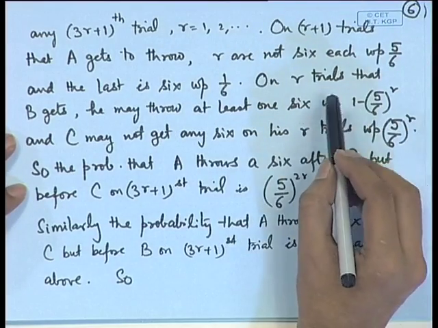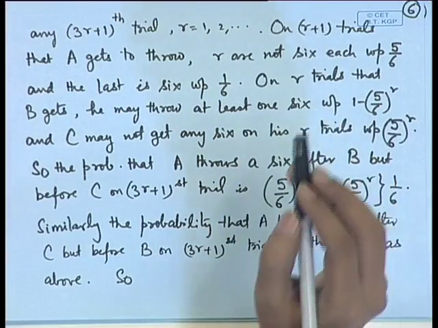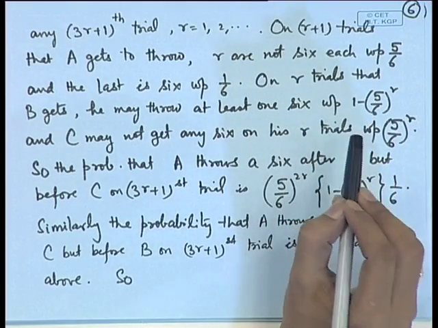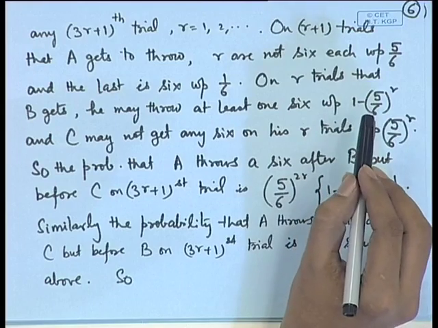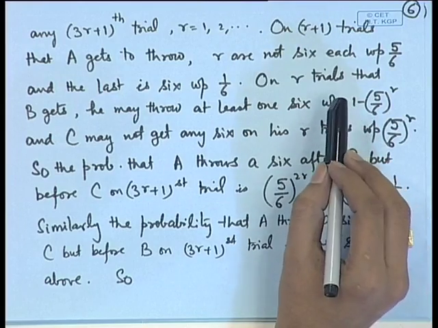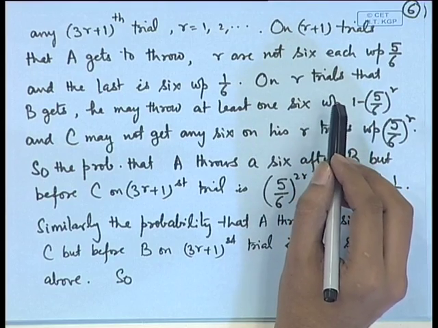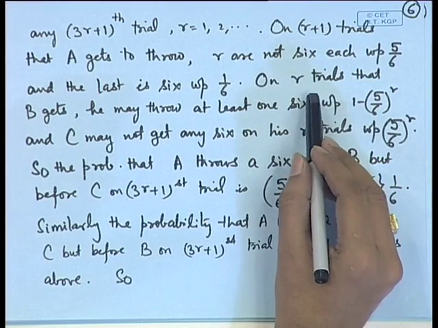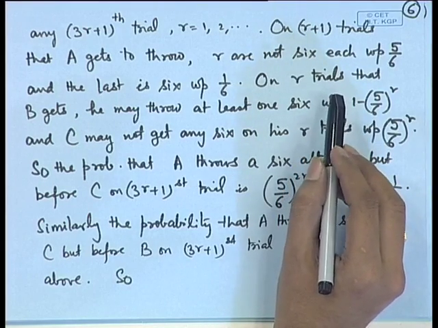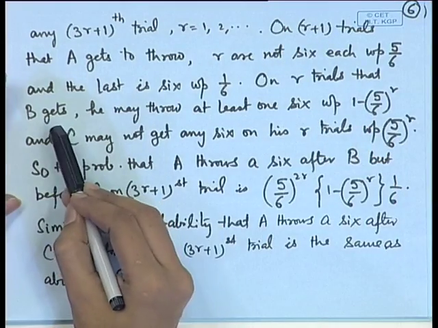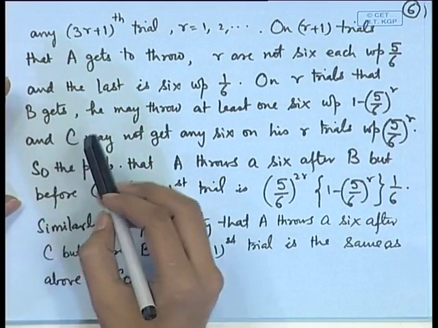Now, out of this total 3r plus 1 trials, player B and player C also get r trials to throw. Out of this either of B or C must get a 6, then only A will be the second player to throw a 6 for the first time. Let us consider the case that B gets a 6.